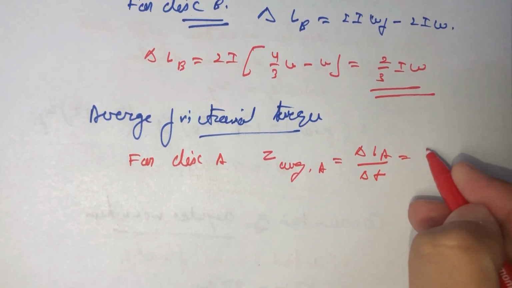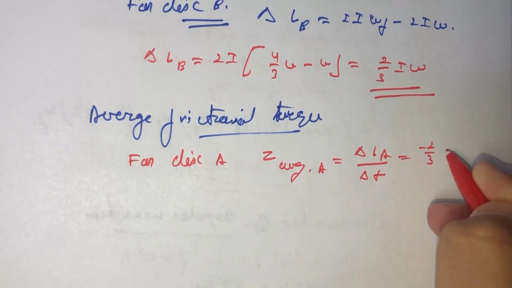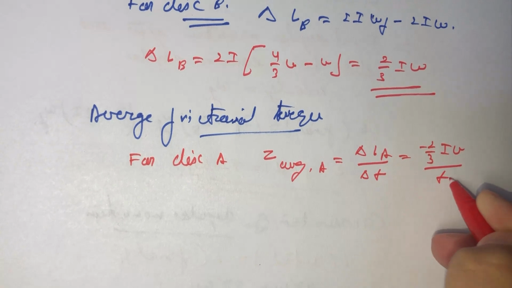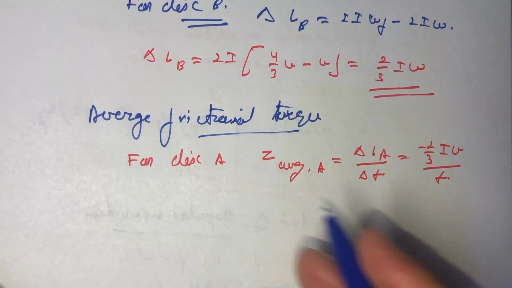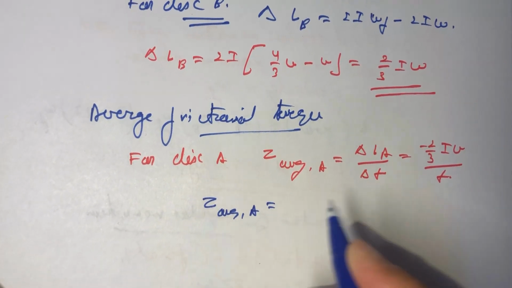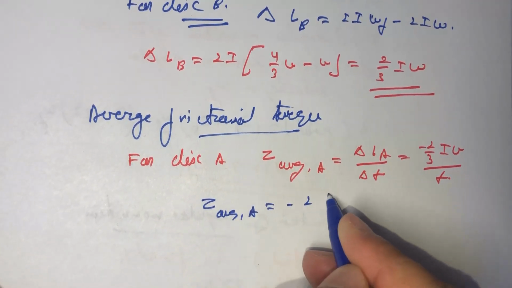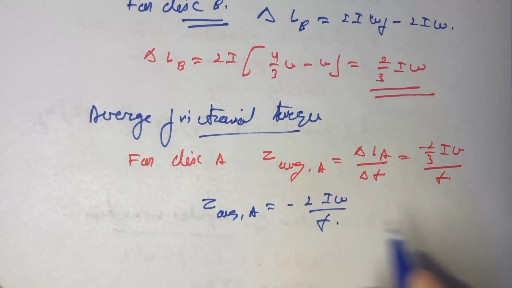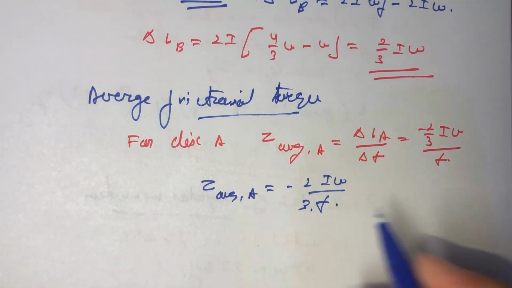This comes as minus 2 by 3 I omega divided by T. Or we can write it, tau average for A will be equal to minus 2I omega divided by 3T.